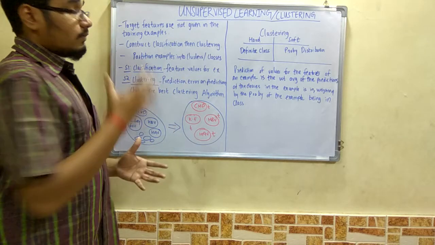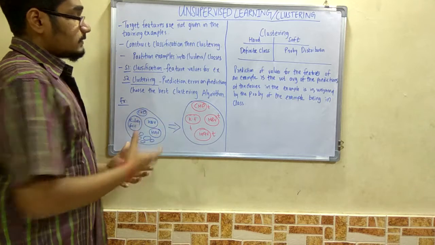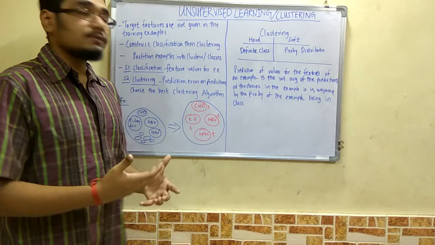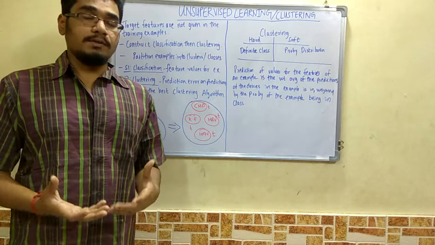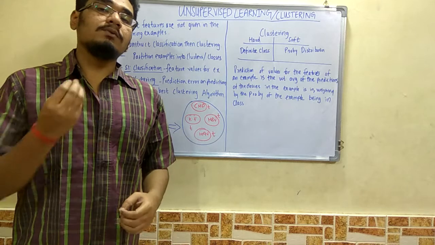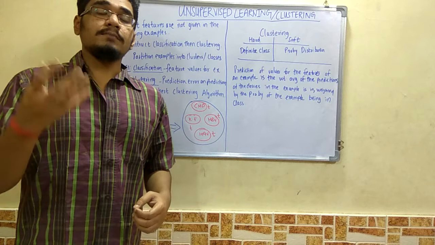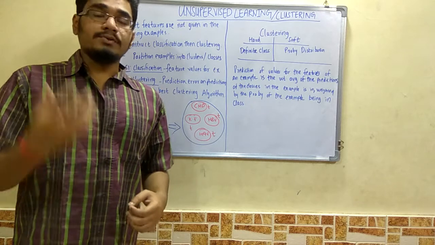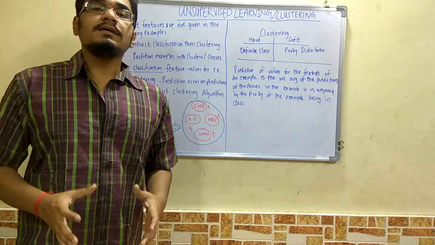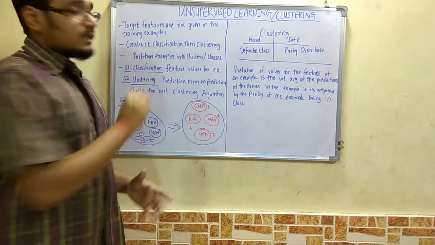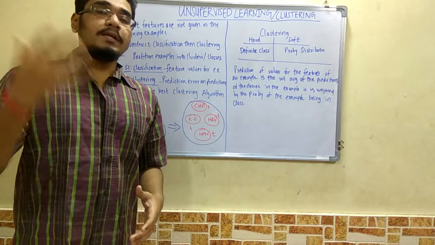What this classification gives is the feature values for the training set examples. Feature values are those values which are inherited or exhibited by those examples from the training set. These feature values are unique for different examples.